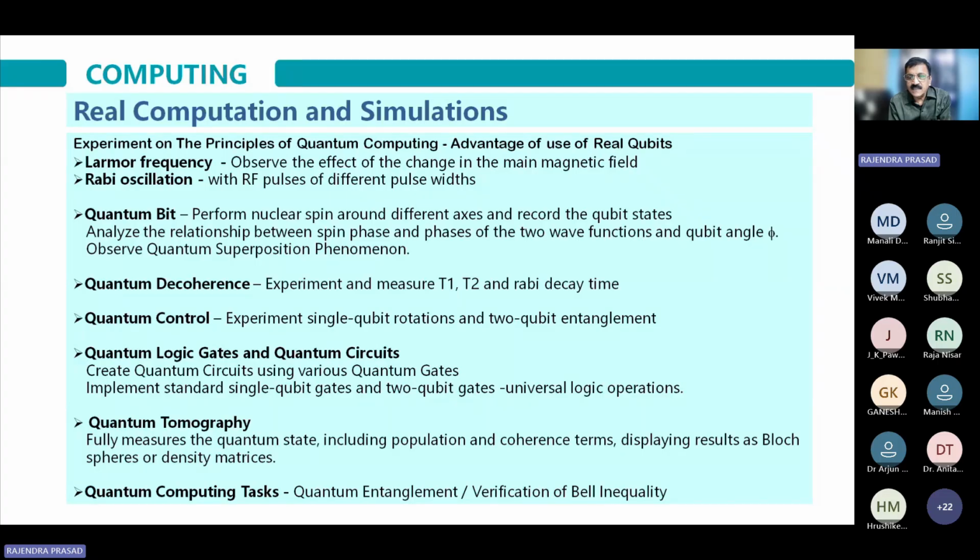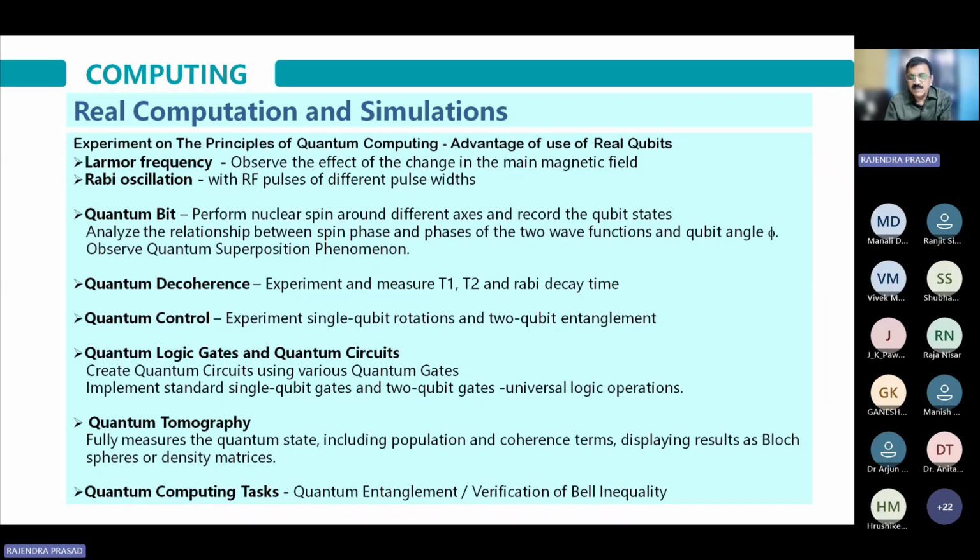Now, a quantum circuit is nothing but a sequence of quantum gates, Hadamard or Pauli. You can create all these gates, put them in a sequence, including entanglement where it's required, multiple-qubit gates or single-qubit gates, and do universal logic operations by implementing these gates. So that is also part of your initial stage of understanding quantum computation.